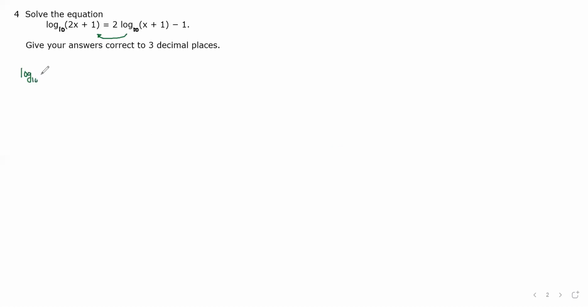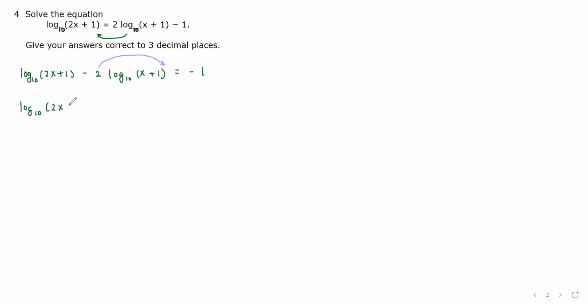We have log of 2x plus 1 minus 2 log of x plus 1 equals negative 1. Then we need to make the log terms into one single term. Applying the power law of logarithm, that 2 can go back here to become the exponent of x plus 1.